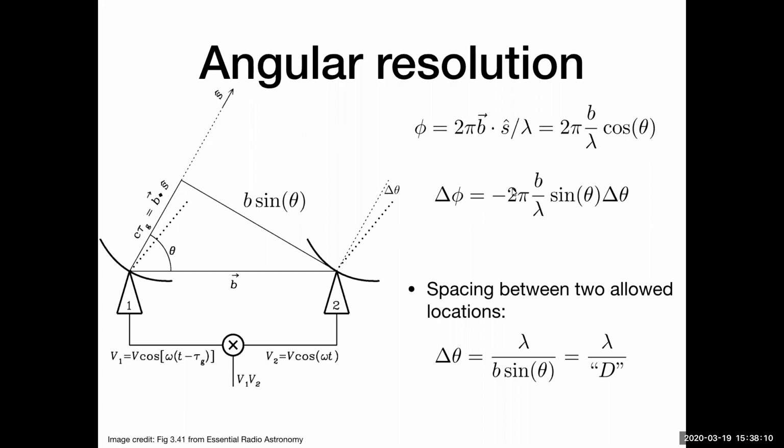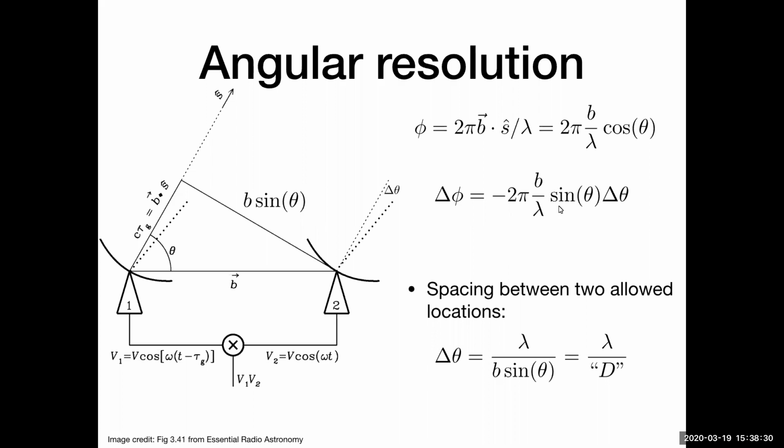And you can ask, if you have a source at a slightly different angle, some delta theta, what is the change in phase? You can just take that from the derivative, which turns the cosine into a sine.